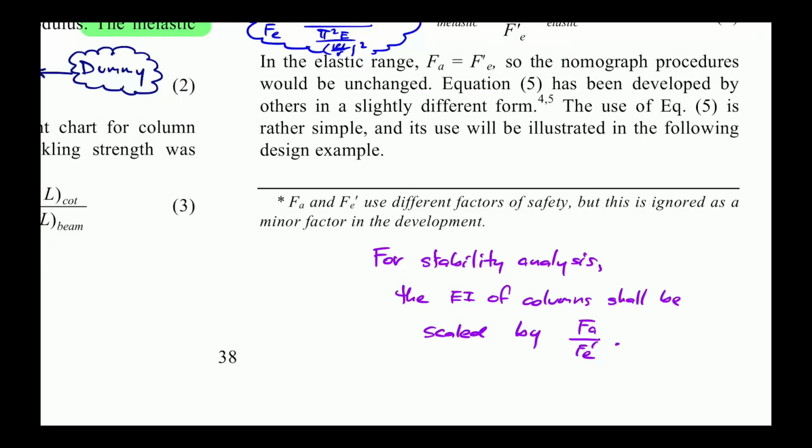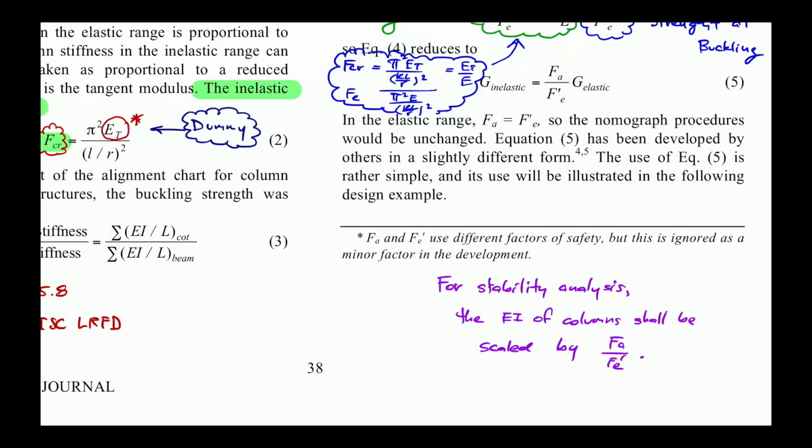Of course, when you run the first analysis, you get the distribution of force information. You can revise your analysis for the second step using that FA over FE prime, if you wish. The FA over FE prime gives you the ET.